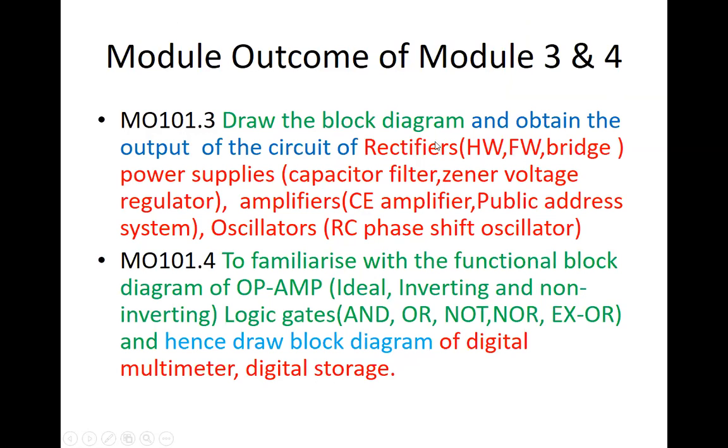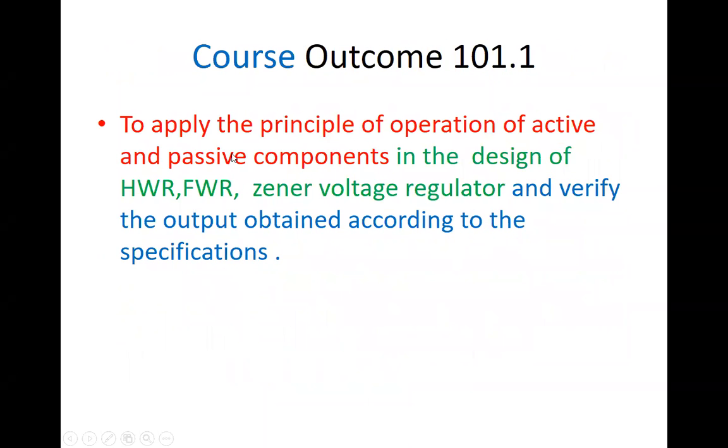For module 3, I am writing: draw the block diagram or obtain the output of rectifiers, power supplies, amplifiers, oscillators, RC phase shift oscillator, etc. And module 4 also, I am writing: familiarize with the functional block diagram of op-amp, ideal, inverting and non-inverting, logic gates, hence draw the block diagram of digital multimeter and digital storage. So now I can write my course outcome 1.